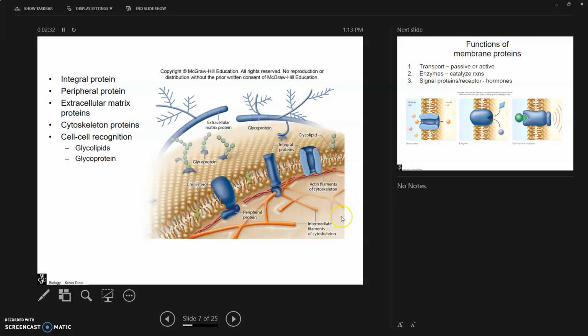While on the inside of the cell's cytoplasm, we have these cytoskeletal proteins. And again, these help to give some of the animal cells their shape and their function. Now, I want to take just a moment to talk about these important proteins. These are the cell-to-cell recognition proteins. And these proteins often have glycolipids or glycoproteins attached to them. These are just blended molecules. These are very important in the cell-to-cell recognition process, as we'll see in just a moment.